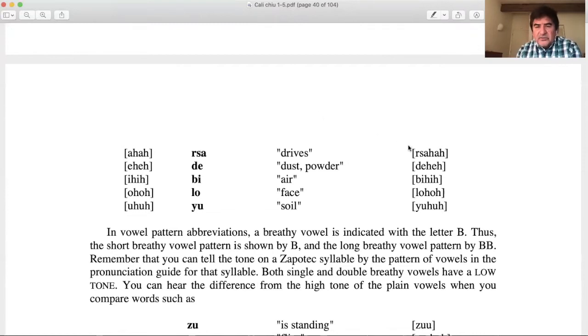Previously we saw one vowel H. This is a vowel with a longer H, which means it's a longer breathy vowel. For drives, we say rsa. Next word, the.